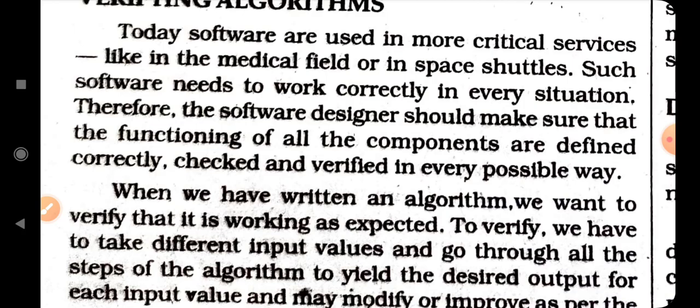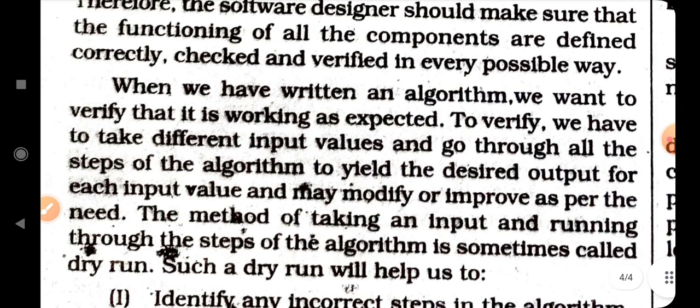When we have written an algorithm, we want to verify that it is working as expected. To verify, we have to take different input values and go through all the steps of the algorithm to get the desired output for each input value, and modify or improve as per the need.